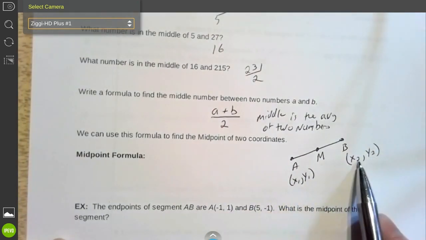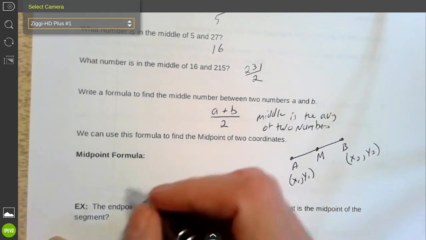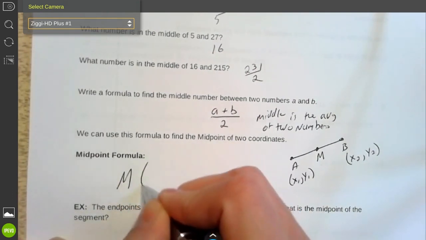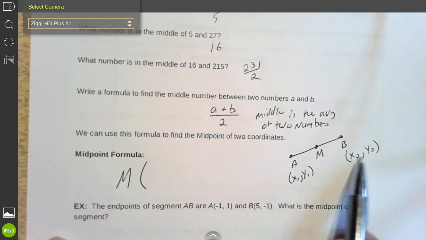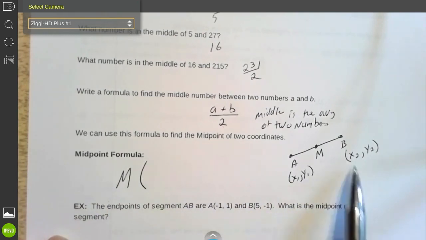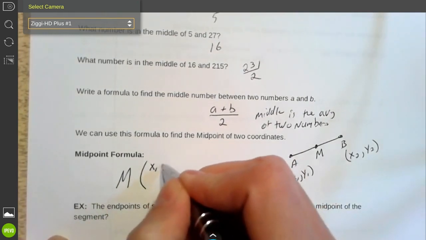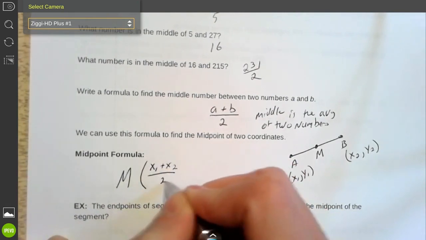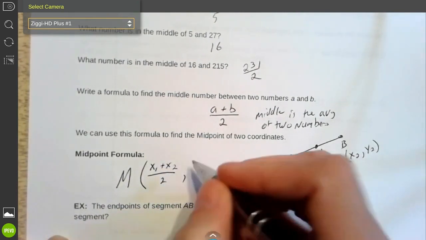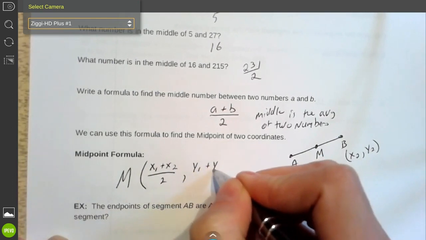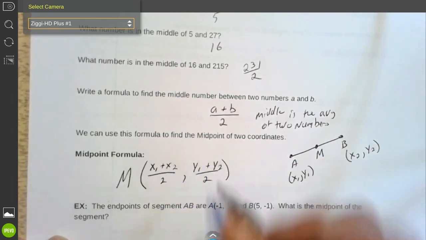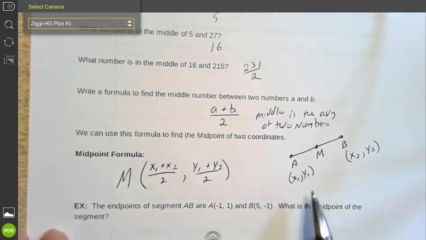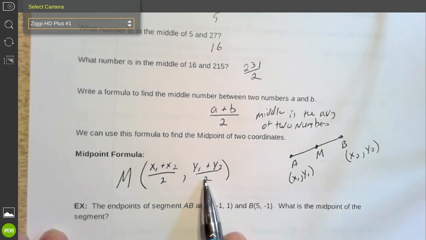If I use those coordinates and do the same thing, the middle is going to be the middle of the x's. So I take the middle number of the x's, or the average of the x's, and the average of the y's, which makes sense because remember, we're getting x and y coordinates. So the middle x coordinate is the middle of the x's. The middle y coordinate is the middle of the y's.